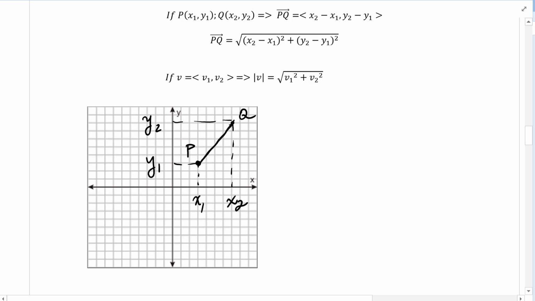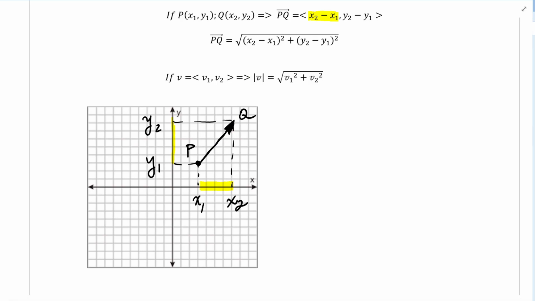We can look at PQ as a vector, which has magnitude. PQ can be written as x sub 2 minus x sub 1 if I want to use a component format. So it's this distance, because it doesn't start at the origin. And then this distance, y2 minus y1.